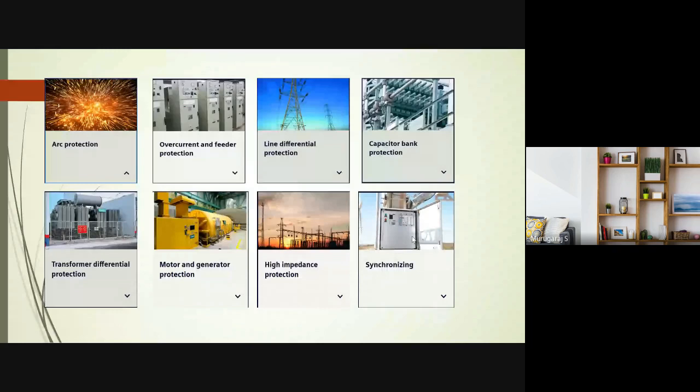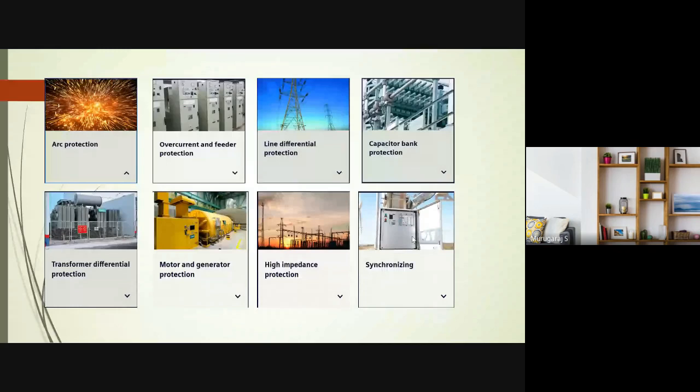And there are also transformers; to protect the transformer, there is a differential protection relay. For motors and generators, different protection relays are applicable. And wherever the applications are high impedance, there are protection relays for those. And there is synchronizing.